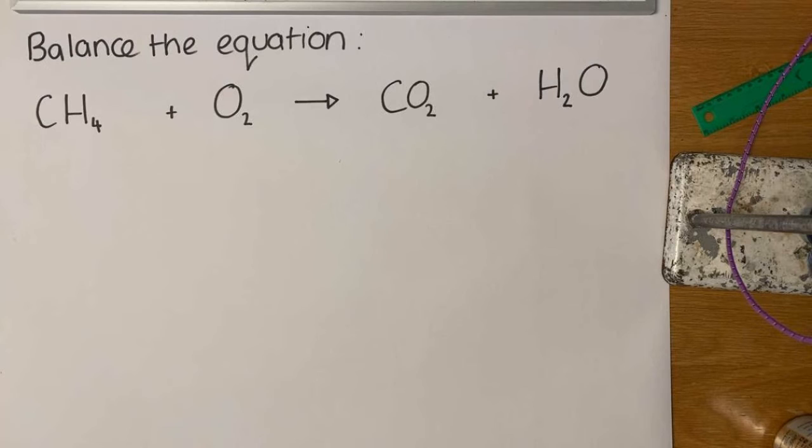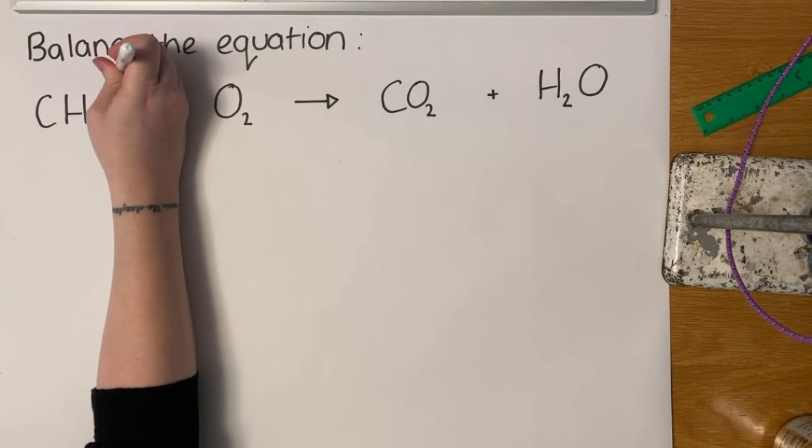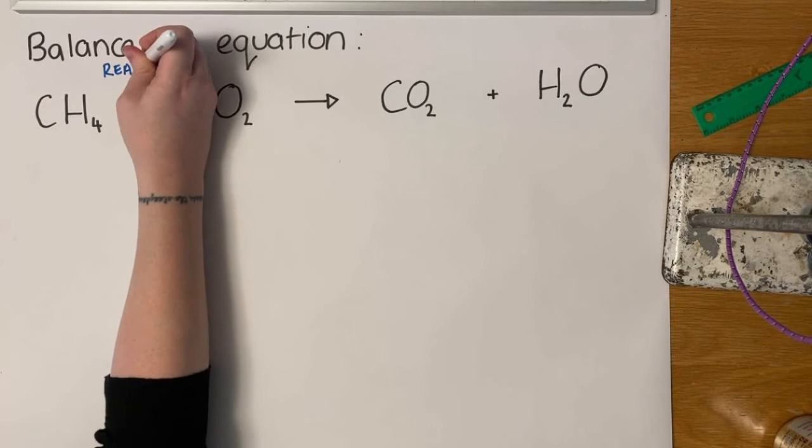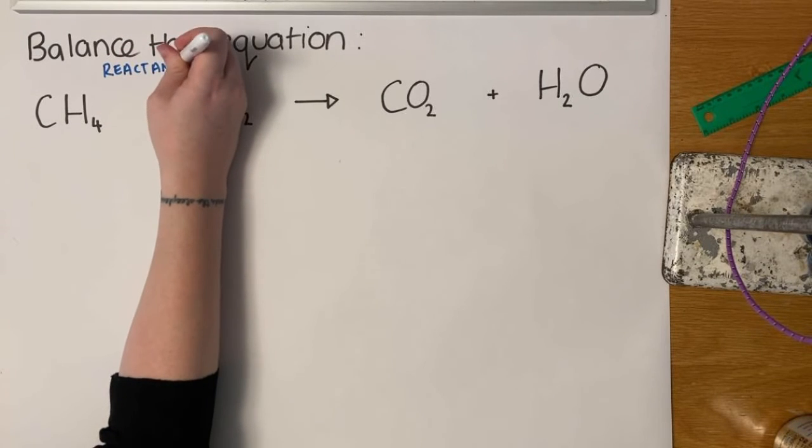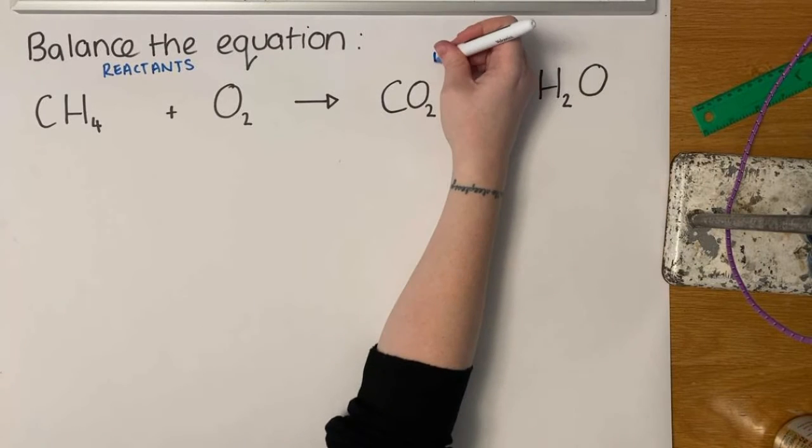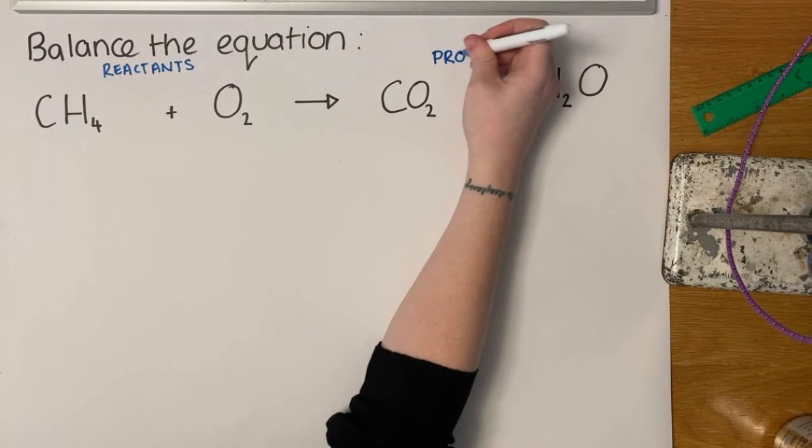So when we're balancing an equation, we always have our reactants, which are the chemicals that we start with, and we have our products, which are the things that are made.